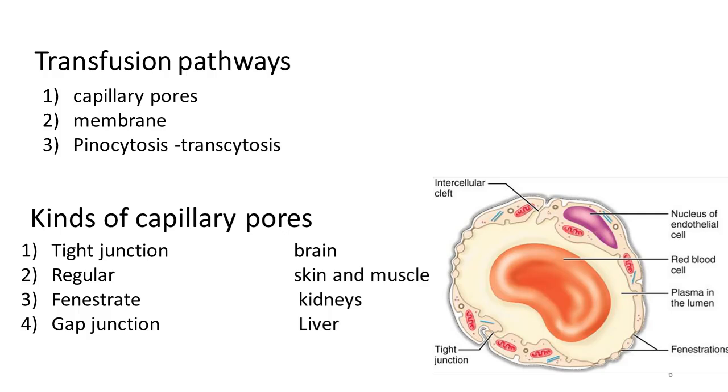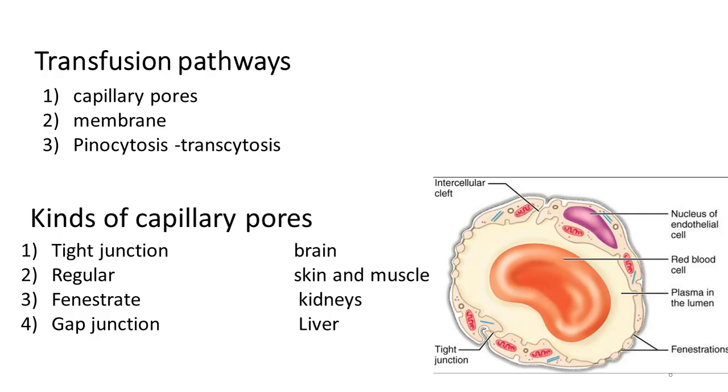But the third kind of capillary is named fenestrated or sinusoidal. These capillaries have large holes on the endothelial cells, and fenestra can be seen in the kidney, and because of that, large molecules can pass through these holes in the kidney.